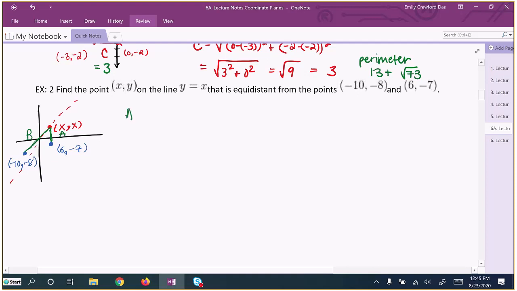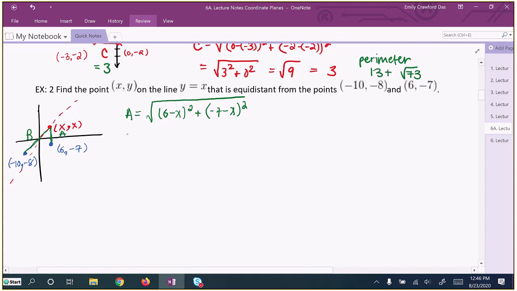Then we would have a is square root of, let's make the red point x, x our x1, y1, and we'll use the blue point 6, -7 as our x2, y2. So then applying the distance formula, that would be 6 minus x, everything squared, plus -7 minus x, everything squared. That should be the distance a.